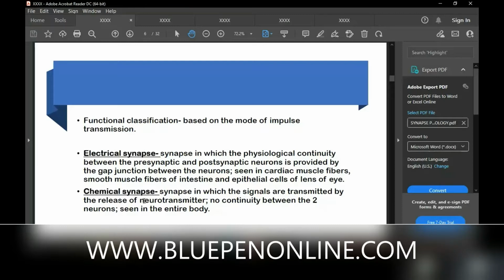Such types of cell junctions are called closed or tight junctions. There is no communication between the adjacent cells. Whereas in the case of gap junctions, there is some sort of communication. They will be able to communicate with each other through small openings.